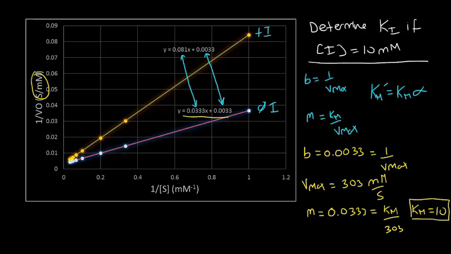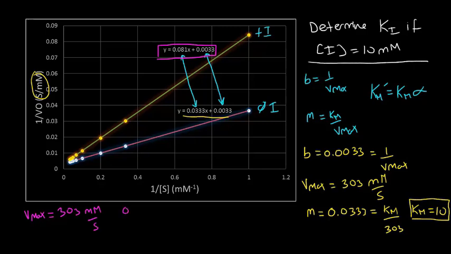I want to do the same thing with the inhibited reaction. So I'm now going to focus in on this equation. The y-intercept is the same, so Vmax is the same. So Vmax when inhibited is 303 millimolar per second.